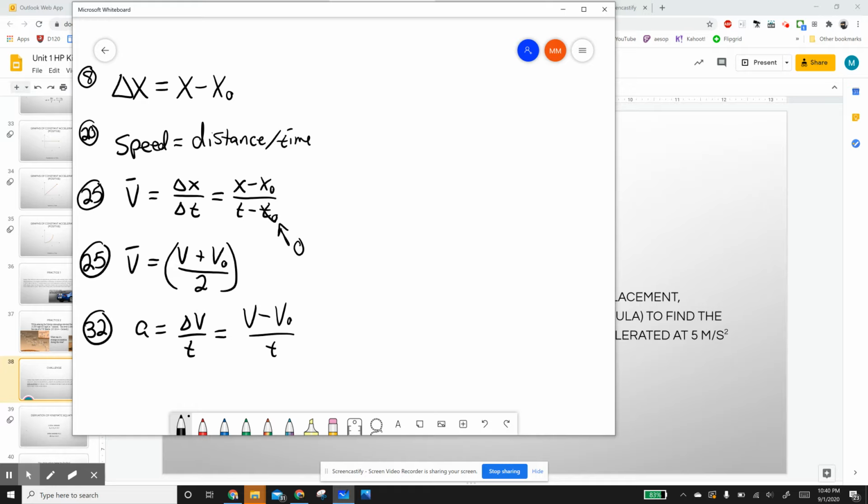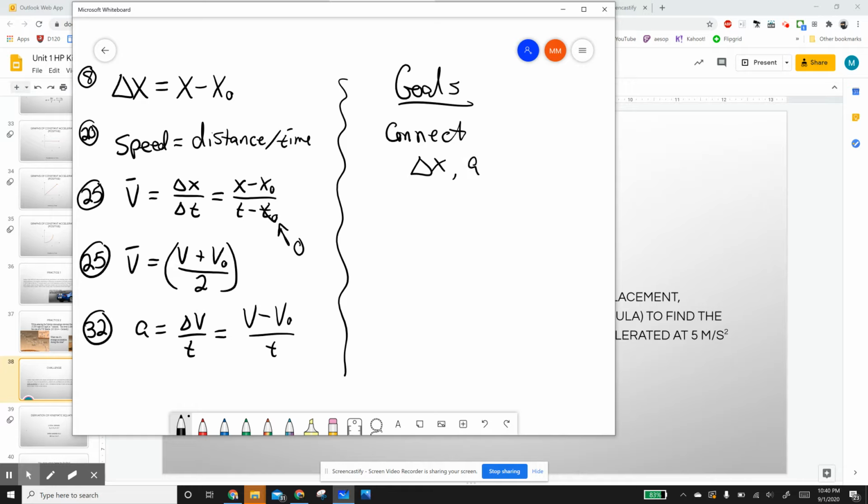Okay. The next step we want to do is evaluate how do we solve this problem. So I want to come up with some relationship that connects the variables. So here we'll write a little note. It's our goal. We want to connect delta x, our displacement, and we're given an acceleration, so we're going to connect that with an acceleration.